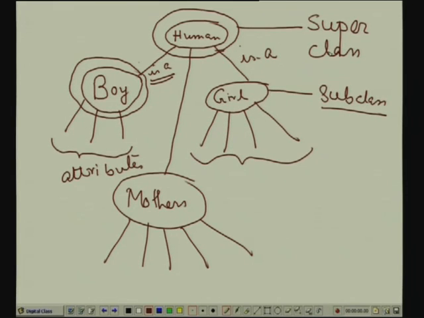So, if we just take a set theoretic view of the whole thing, then we can also say that, say, human beings is a superset here, and boy belongs to that set, any boy will belong to that set.